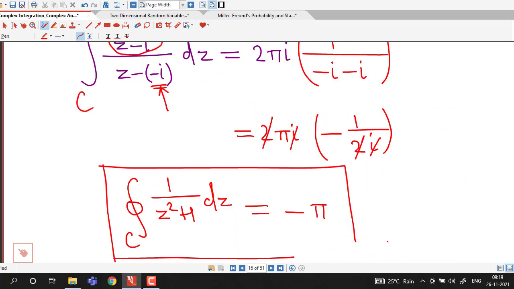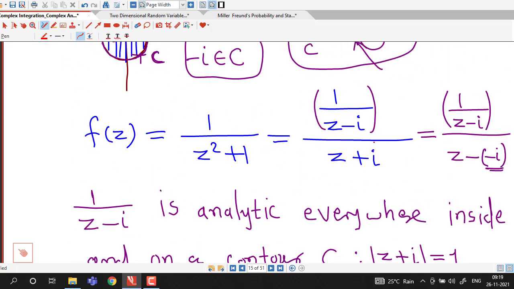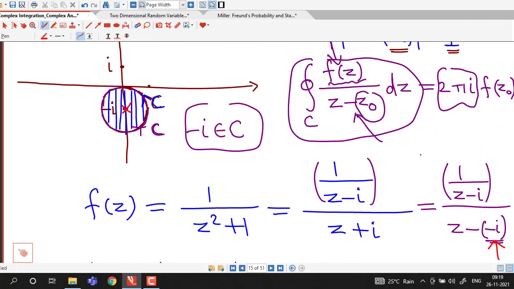So in our case f of z is taken as 1 over z minus i, and z equal to minus i is the point which is interior to C.